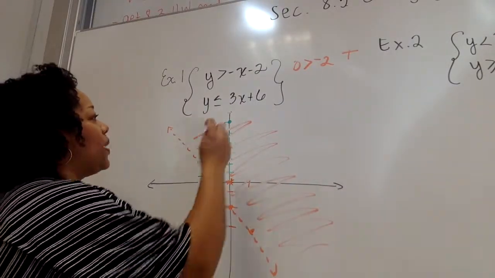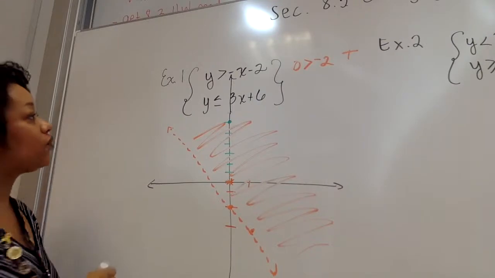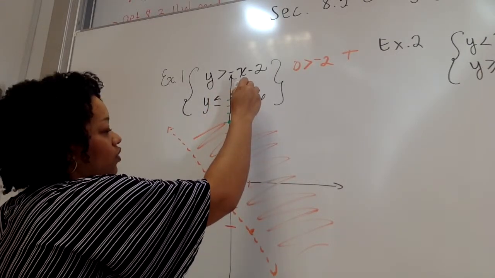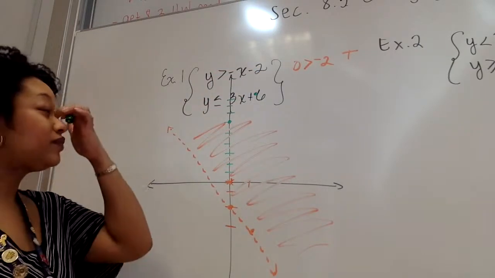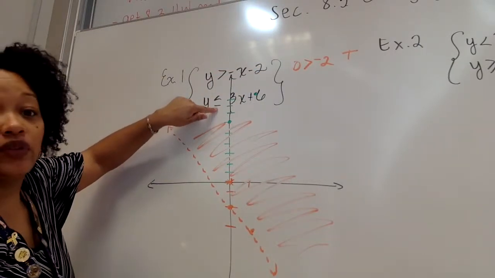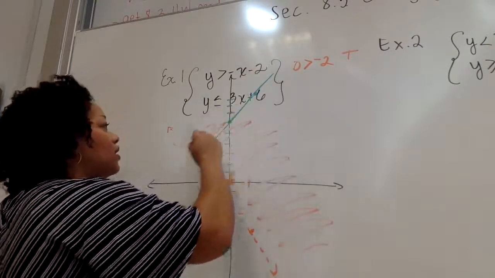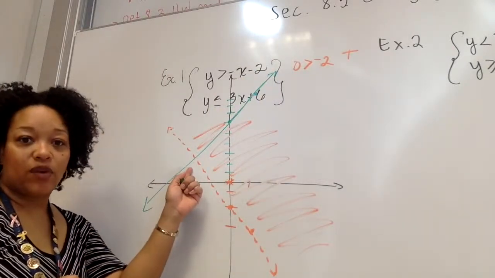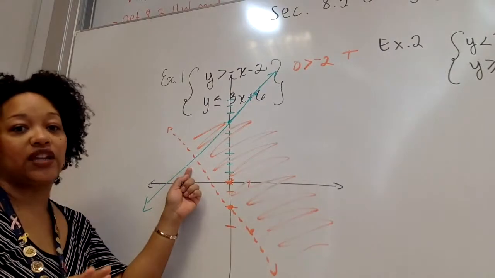The slope is positive 3, so that means you're going to go up 3 more and to the right 1. 1, 2, 3, and then over 1's right about here. This is an equal to, so that means that my boundary line is solid. There we go. Now, we're not concerned about the point of intersection. That's not for inequalities. We need to know the shaded portion.